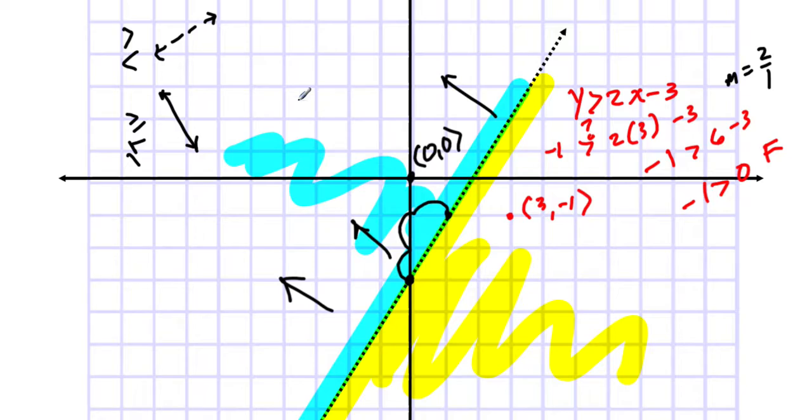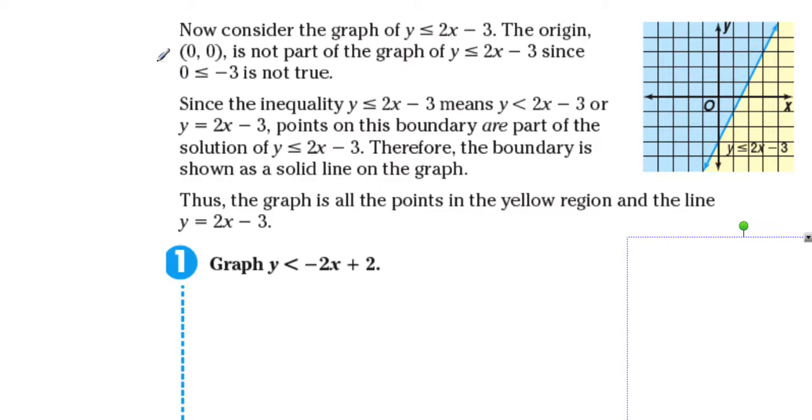And let's go on to the next concept that we need to learn. Now consider the graph of y ≤ 2x - 3. Again, we graph the boundary. This is the boundary, and if you notice, it's a solid line because your inequality is a less than or equal to.